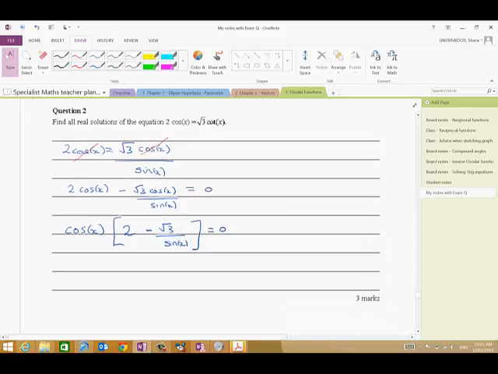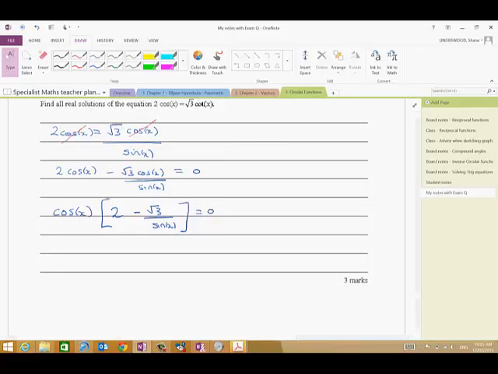Now, of course, I therefore, using null factor law, can say that cos of x is equal to 0, or 2 minus root 3 on sine of x is equal to 0. Now, of course, this is an important step. Getting to there is probably going to give you a mark. Finding the other solutions is going to give you the other 2 marks.